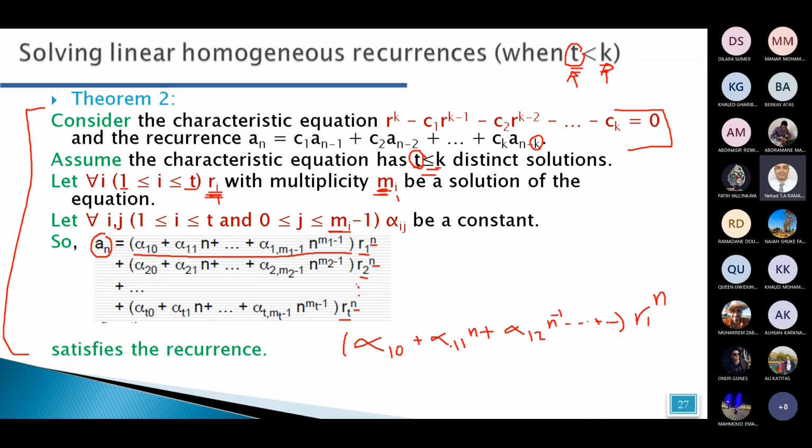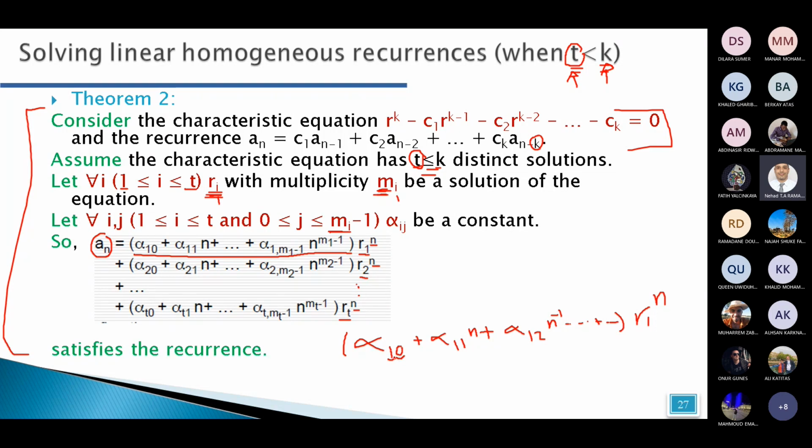So if we have multiplicity 2, this means multiplied by n, multiplied by n minus 1 only. So where does 1, 0 come from? This is only a name for the constant.